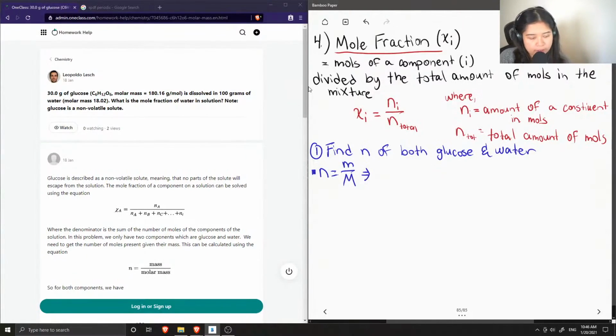Okay, so first let's find the number of moles of glucose. We have 30 grams of glucose, and they gave us the molar mass of glucose, which is 180.16 grams per mole. If we divide the two, we get number of moles of 0.17.